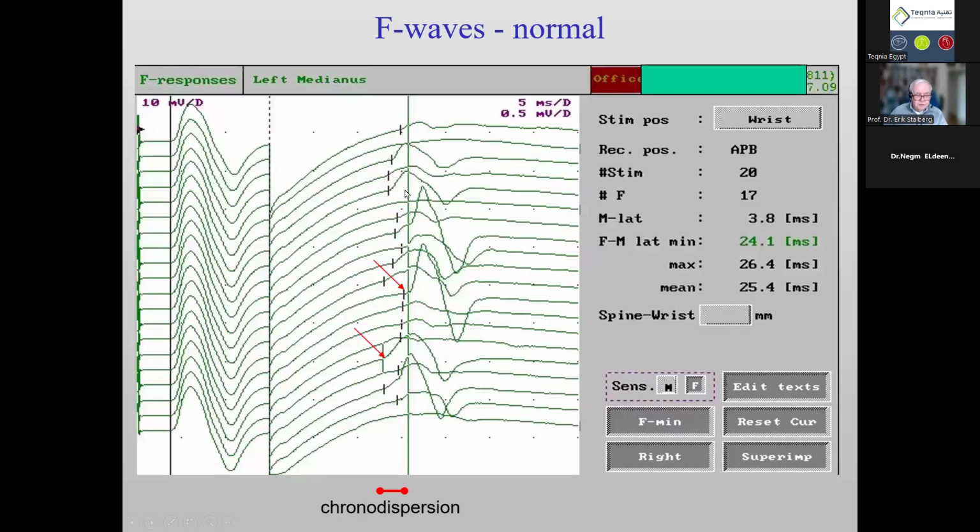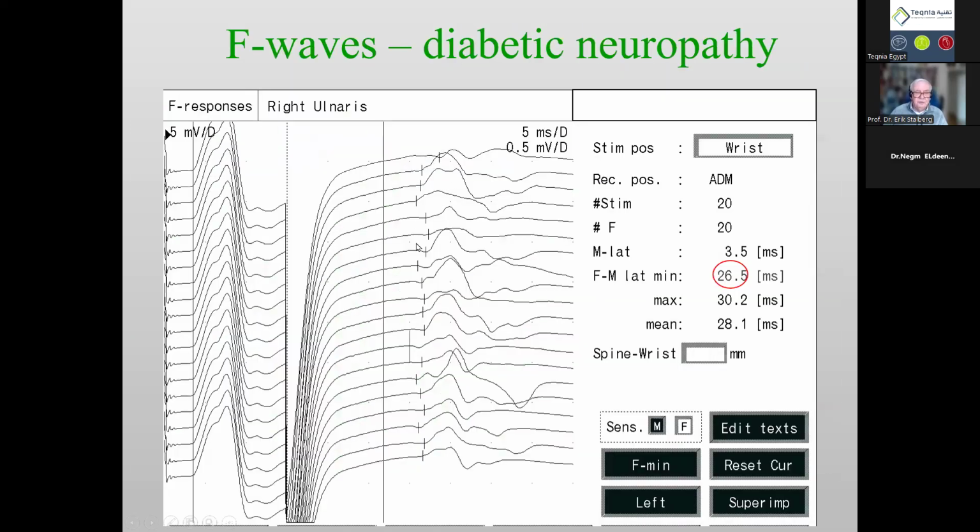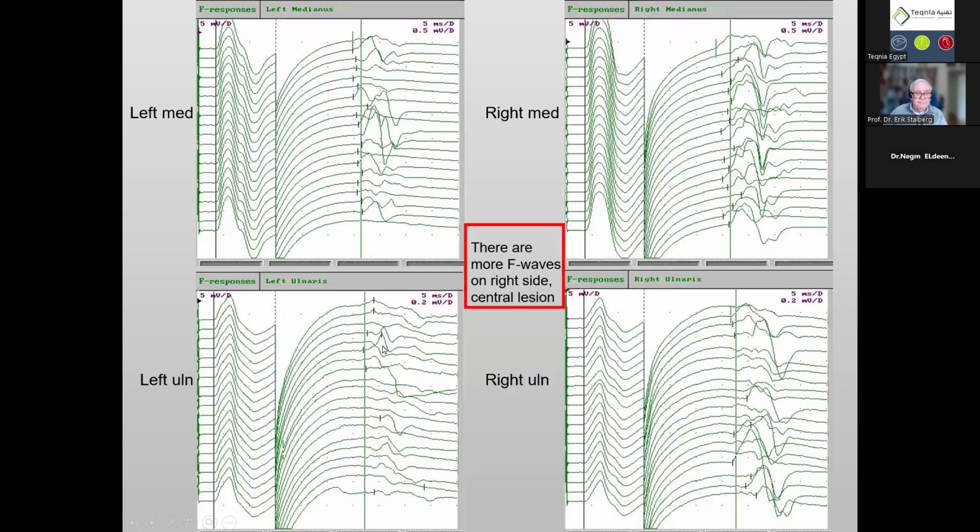It should be faster than this line, depending on the patient's height. But if we have a neuropathy, here's diabetic neuropathy, all of them come after this limit line. And that is useful, and I don't need to spend more time on that. You all know that very well, and the usefulness.